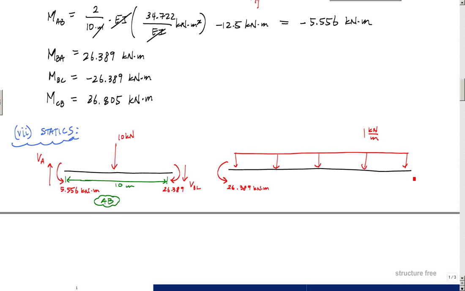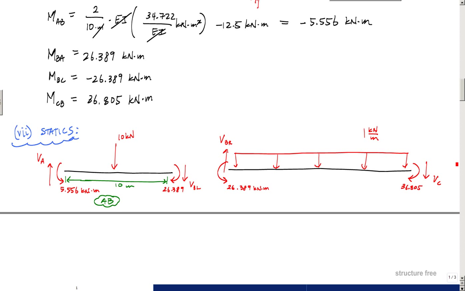And then here I have a positive 36.805 on that side, which means it is still clockwise. And then here the shear on this side, I'm just going to initially draw it like this, VBR, and on this side it will be the shear at C.